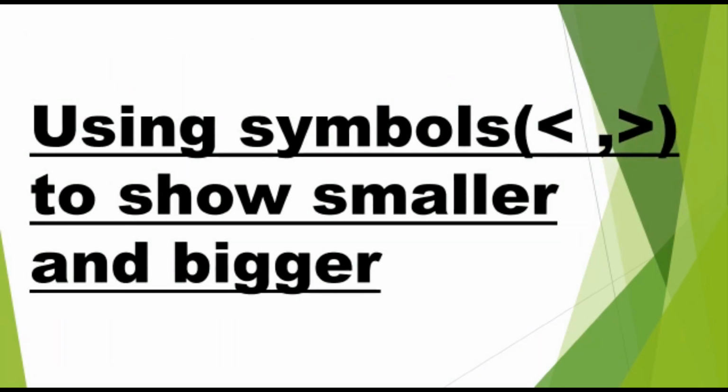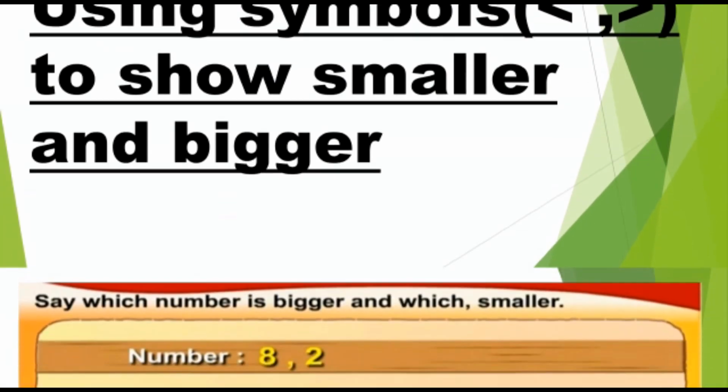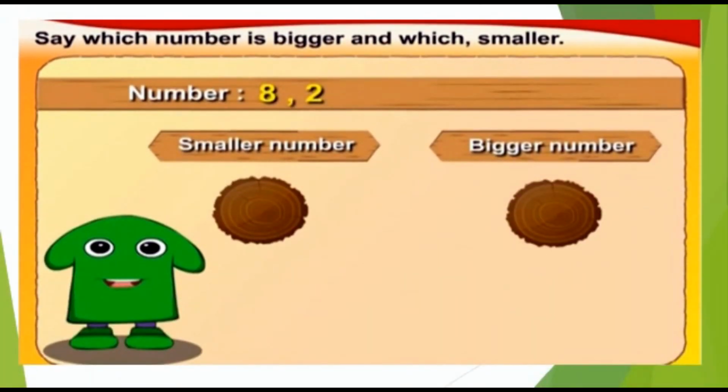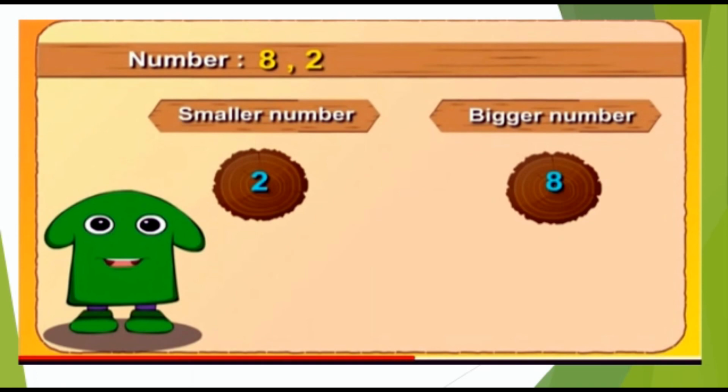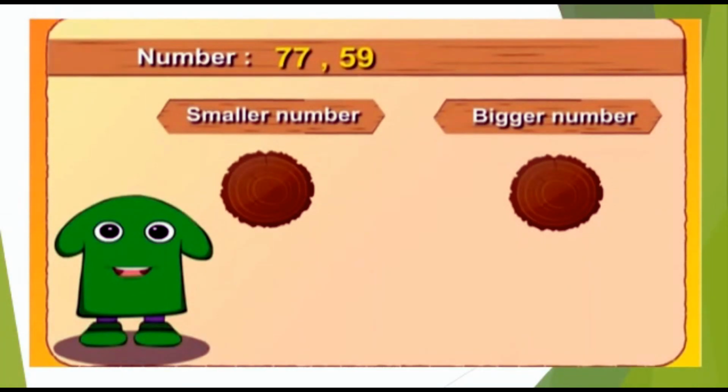Using symbols to show smaller and bigger. Say which number is bigger and which is smaller. Numbers 8, 2. You can easily make out that 2 is smaller and 8 is bigger. 77, 59.